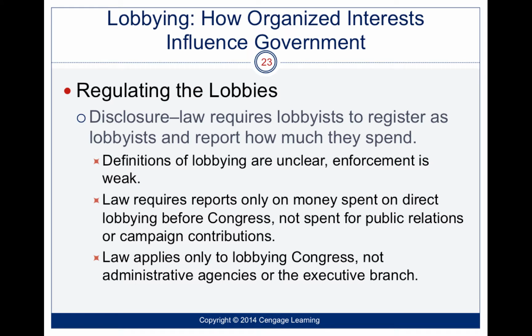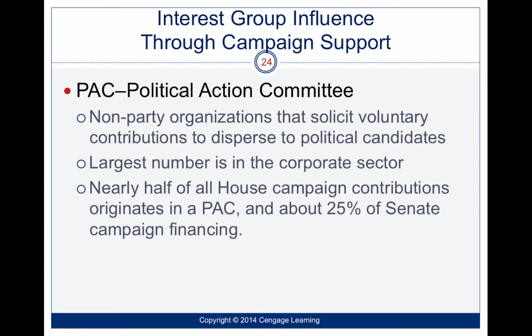We talked about regulating the lobbies. There are certain requirements that are used to keep lobbyists in check. They have to report money they spend. They have to register themselves as lobbyists. We talked a little bit about political action committees last topic when we discussed Congress.